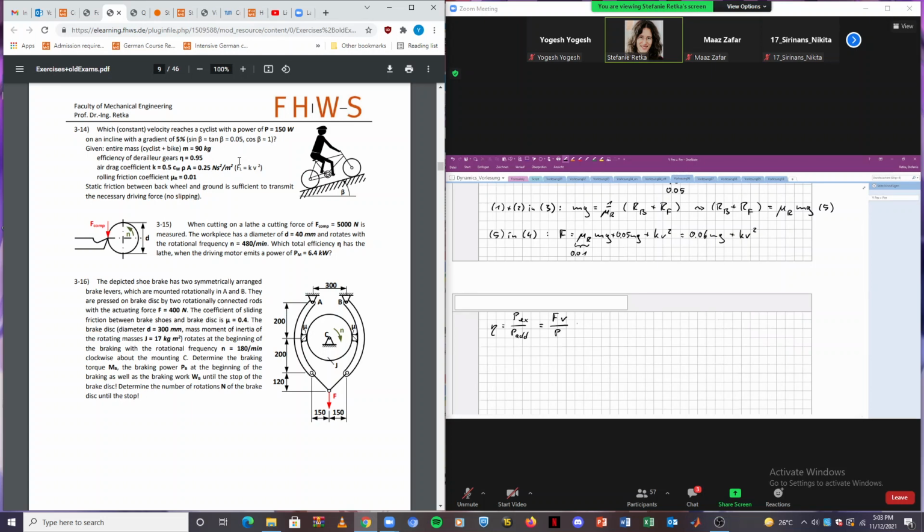Okay, now we can substitute the force. So we have 0.06 mg times velocity plus k v, or velocity, to the power of 3, divided by power added.